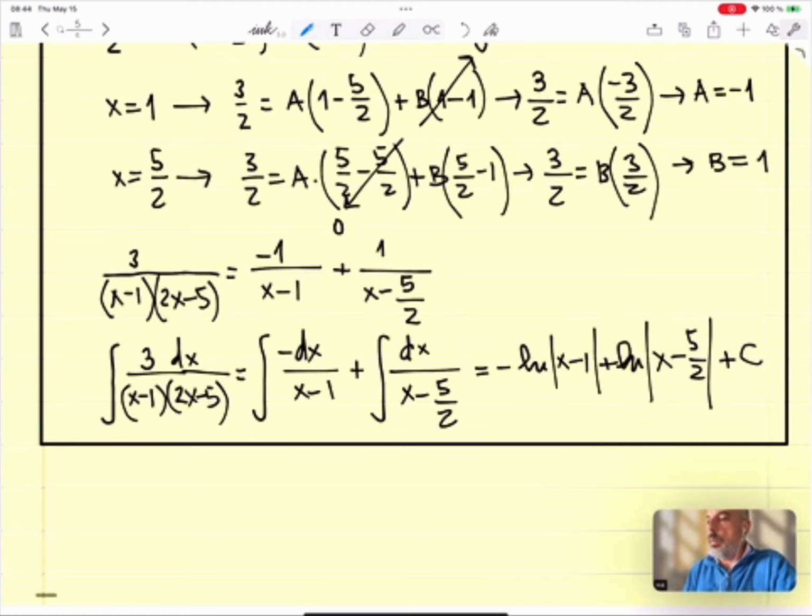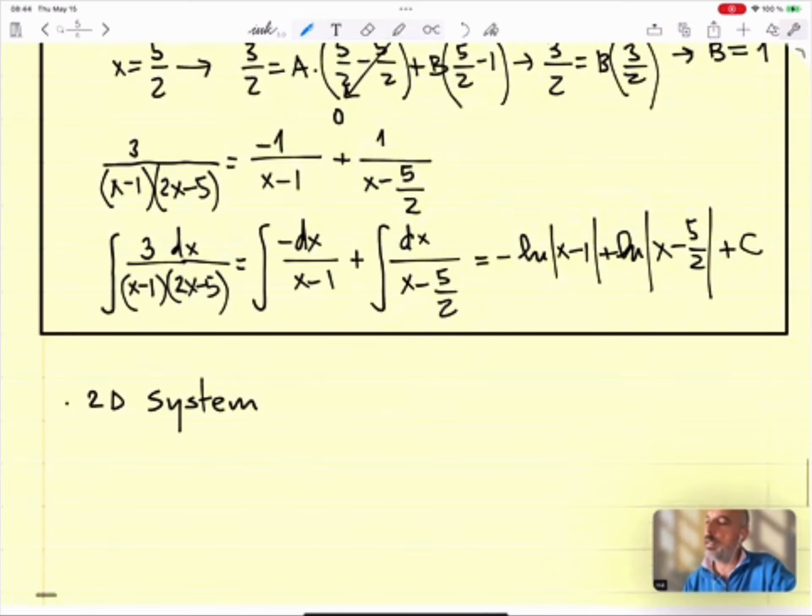Okay, so we now go on and describe a two-dimensional dynamic system, which is going to be a little bit more tricky. Now we have two functions. And again, we are going to do sex and math.